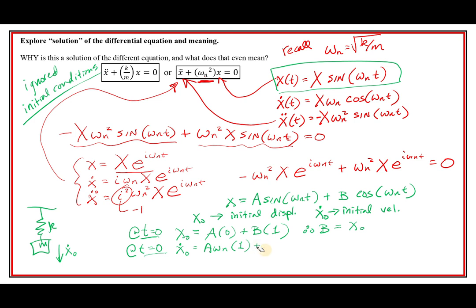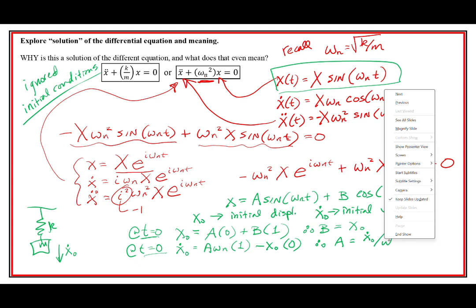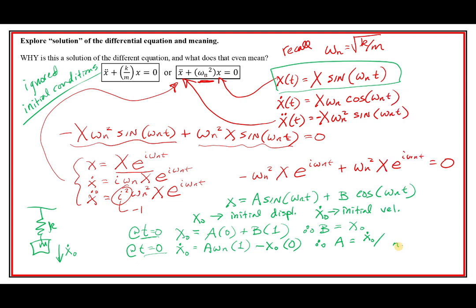I should make this negative, because that should be a negative sign, doesn't really matter. But the sine of 0 is 0, right? So therefore, a is equal to the initial velocity divided by the natural frequency.